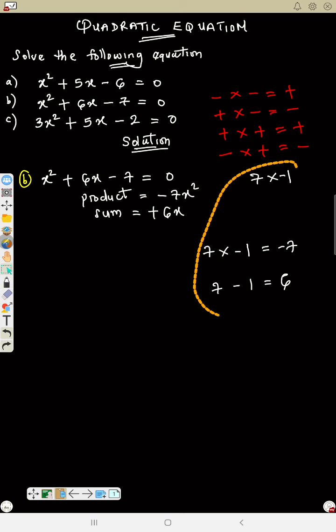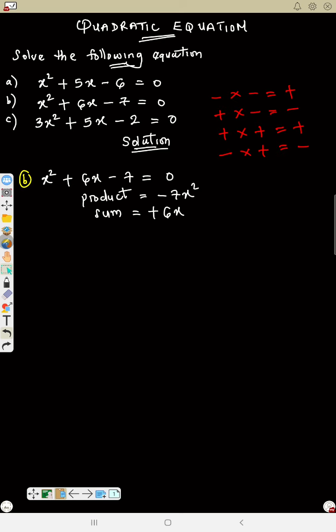So use the two numbers now. Instead of writing this middle number, you replace it with plus 7s minus 1s. So this becomes s squared plus 7s minus s minus 7 equals 0.